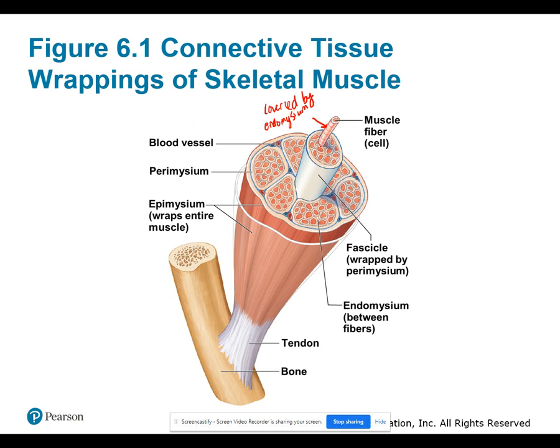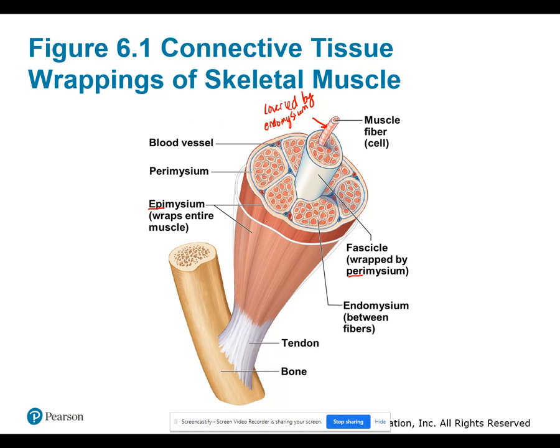Then, if you take a bunch of those muscle fibers and cells and put them into a bundle, this is known as a fascicle, and your fascicle is wrapped by your perimysium. And then if you take a bunch of fascicle bundles and wrap them all together, you have your outside covering, or your epimysium covers the entire thing.